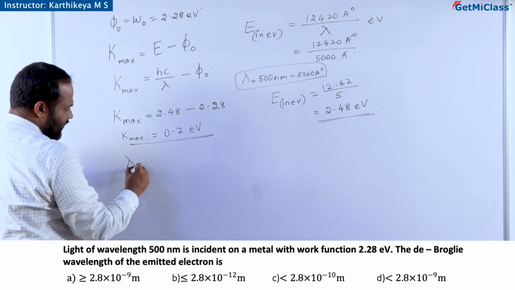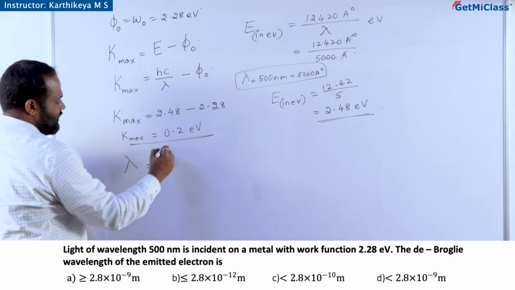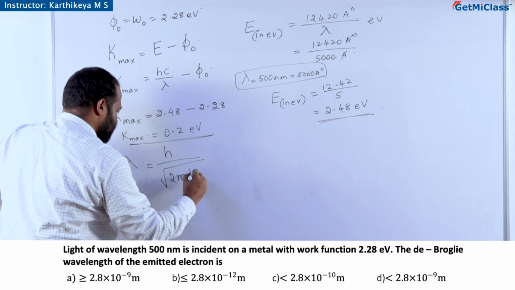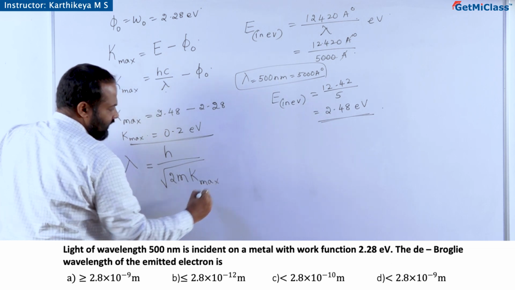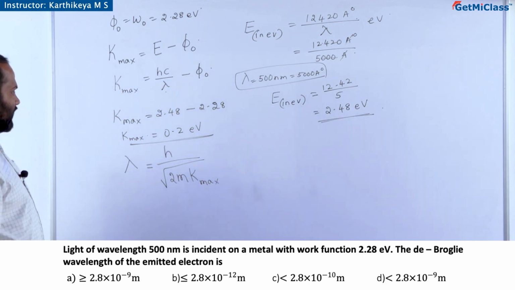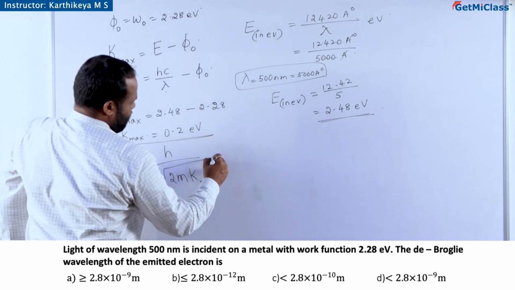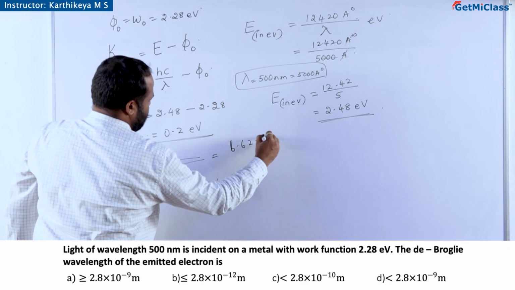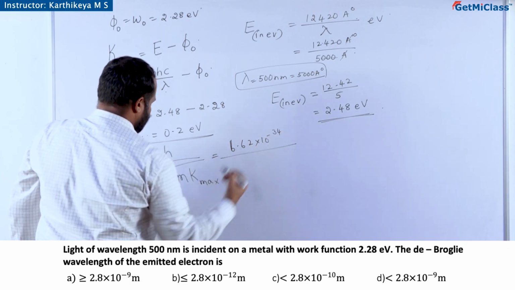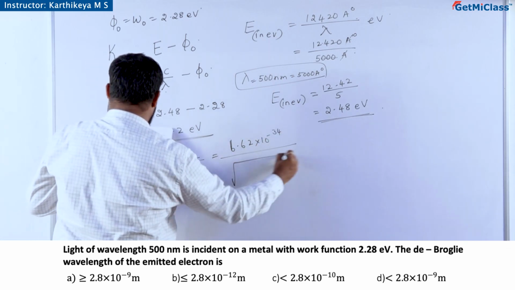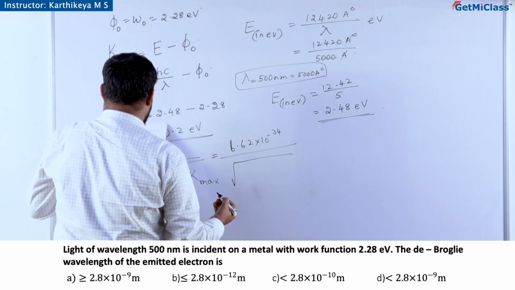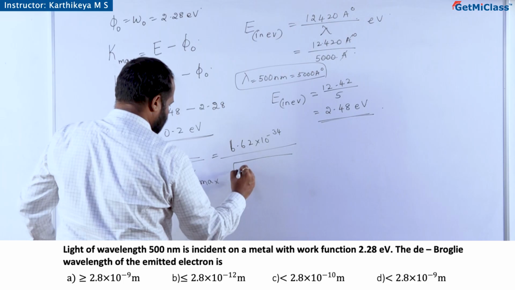Then the de Broglie wavelength associated is h by root of 2m times maximum kinetic energy. It is an equation we are familiar with. So, h is 6.62 into 10 to the power minus 34, divided by the mass of the electron, the emitted electron we have to think of.